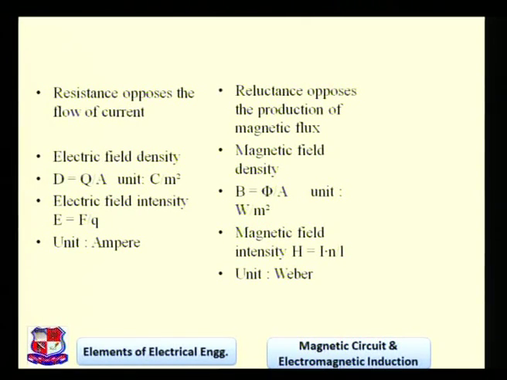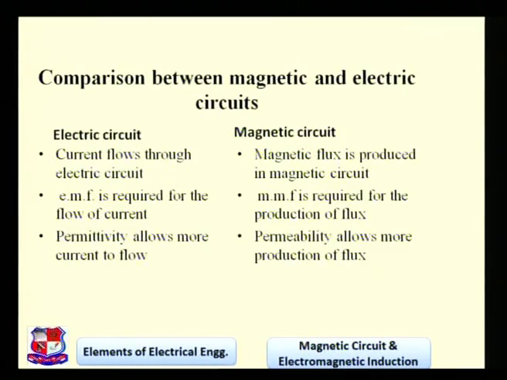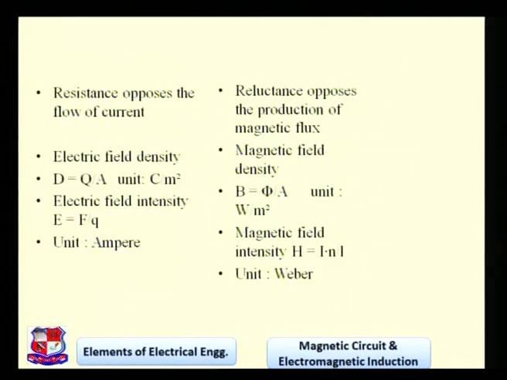And in the magnetic field we have magnetic field intensity H is equal to IN. The unit of current is ampere in an electric circuit, and the unit of flux is Weber in a magnetic circuit. So these are the comparisons between electric circuit and magnetic circuit. It is frequently asked in the exam.